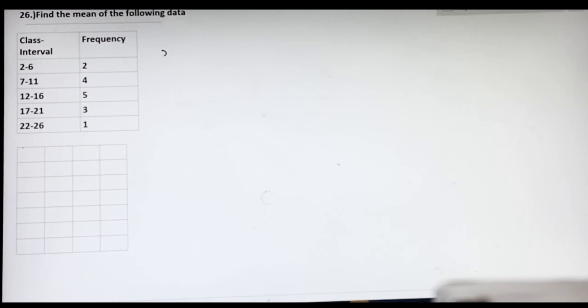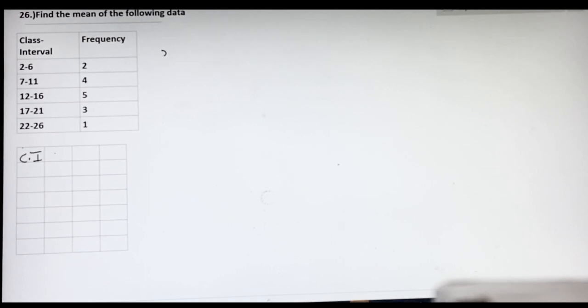Okay, so now as an answer I'll write a table. We need to draw a table which has 4 columns and 7 rows. I'll tell you why. I have already drawn a table. So now what will I do? I'll just use the short form here, that is class interval.